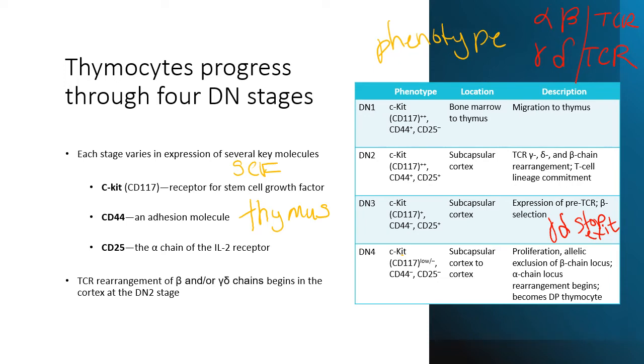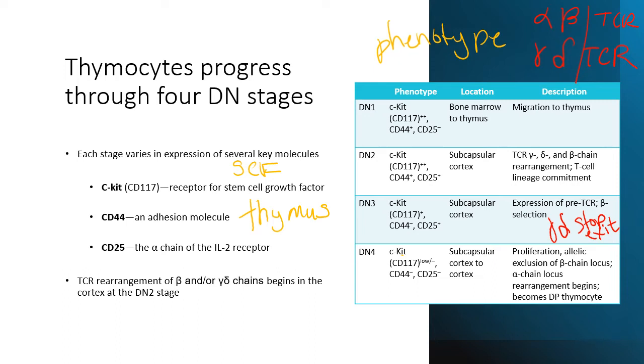All right, so your cells proliferate. At this point in time, since you've made a functional beta chain, the cell's actually going to shut off the gene at the other chromosome, so this is called allelic exclusion. It's going to prevent recombination of another beta chain. It's already done one and gotten it right. Why does it need to do another one? So it just shuts down that chromosome.